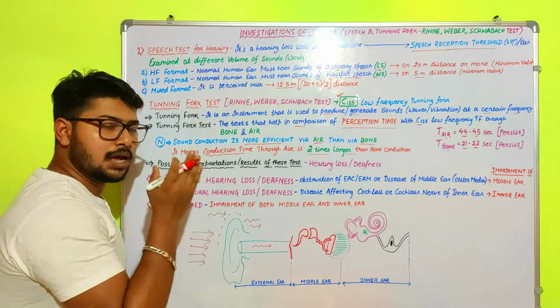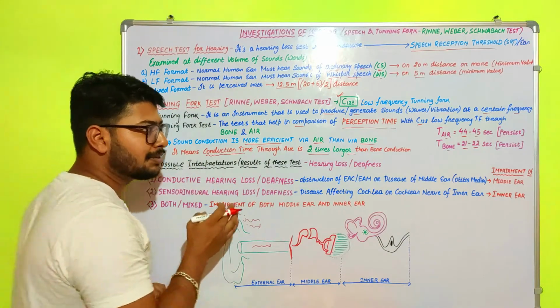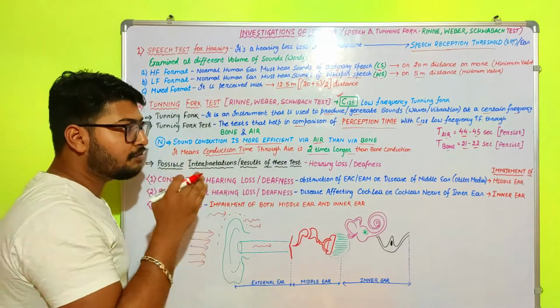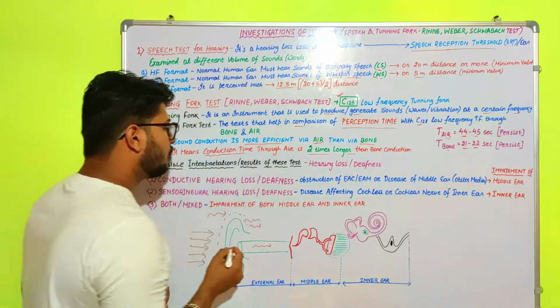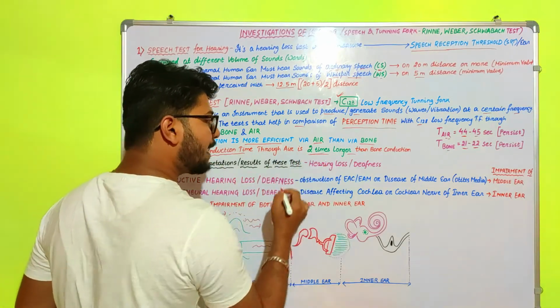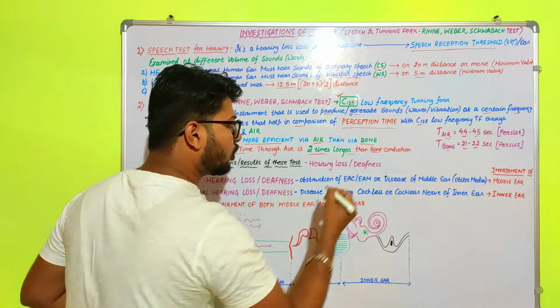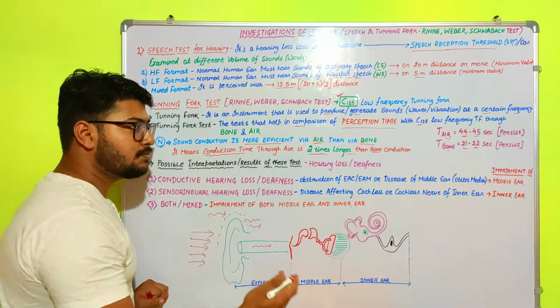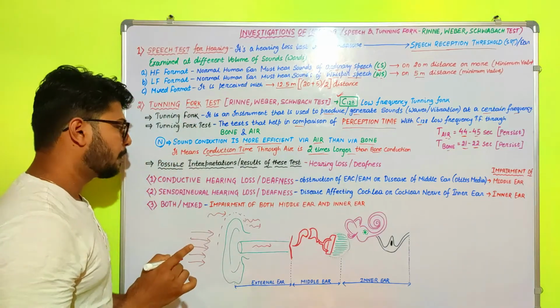So it persists a much shorter time than through air, or it persists half the time of air. So we can conclude that the conduction time through air is 2 times longer than bone conduction. It means air conduction is 2 times better than bone conduction.